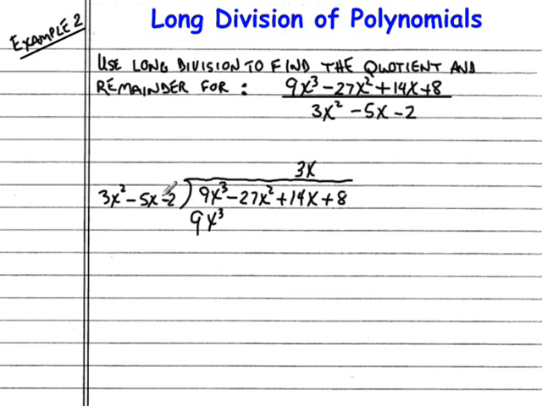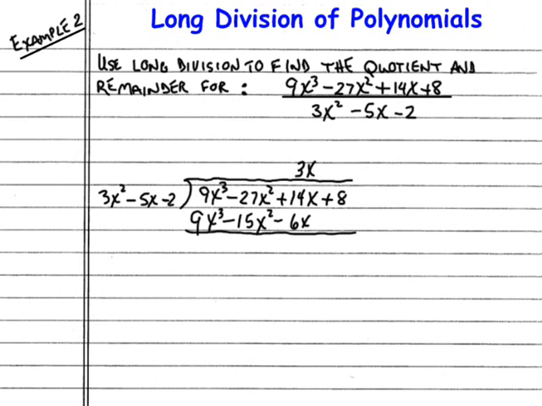Then 3x times negative 5x is negative 15x squared. And then 3x times negative 2 is negative 6x. After we've done this, we're prepared to subtract, and so we draw our subtraction bar.